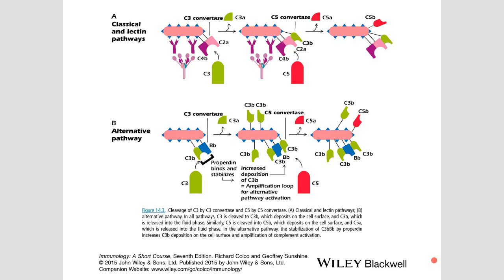We have C4, C3 convertase, C5 convertase, and all these things will come over here. Also remember, when I was telling you about how the neutrophils attach to endothelium and what causes the neutrophils to penetrate those endothelium and go into the tissues, one of the things I told you was that there were two receptors, and they were like this.